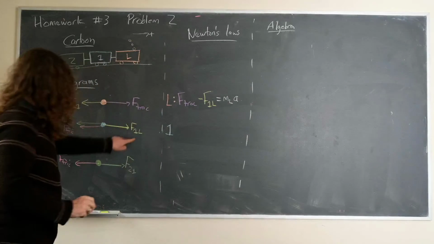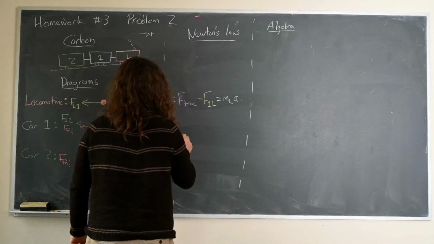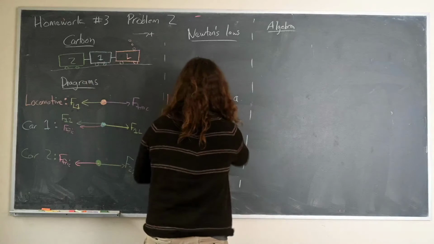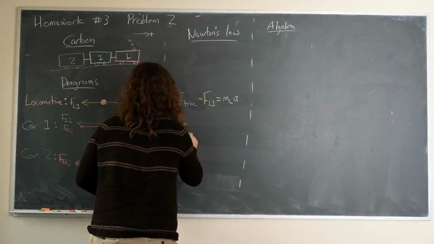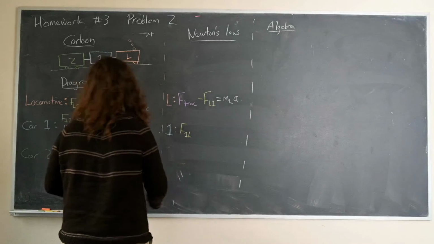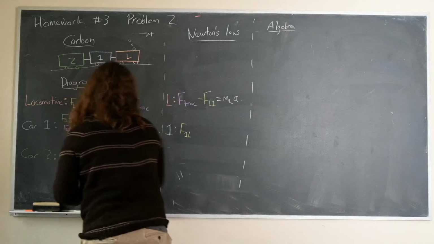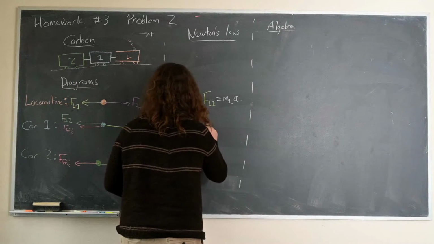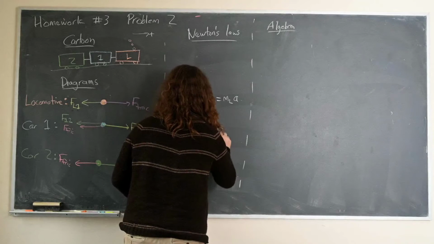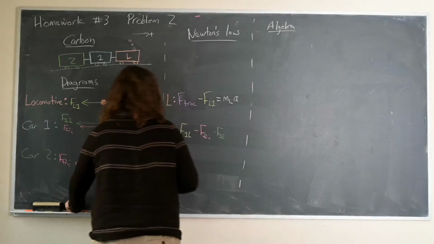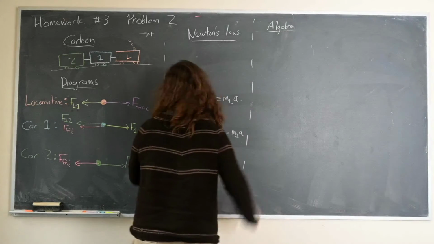For car 1, let's see, I've got 1 force going forwards and 2 going backwards. So here I have F1L, force on 1 from locomotive, minus these 2 that go in the other direction, minus F frick, minus F12 equals m1a.